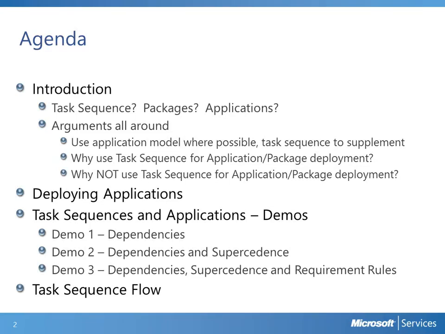Now, in the default application model, you can use conditionals and such to make decisions as the application is rolling out, particularly in the requirement rules section, as we've seen. But in task sequencing, you can use those conditionals ahead of deploying the application, after deploying the application, to address certain specific deployment scenarios. Okay, I'll try to show you some of that as we get to the end of the discussion today.